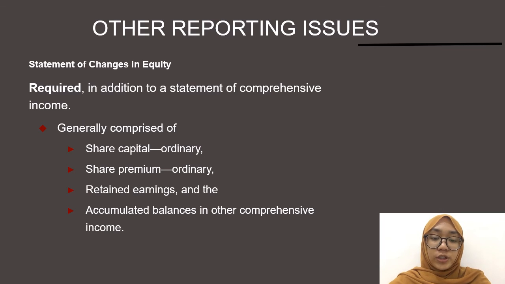Other reporting required in addition to a statement of comprehensive income is 1, generally comprised of, and 2, share capital ordinary, and 3, share premium ordinary, 4, retained earnings, and 5, accumulated balance in other comprehensive income.